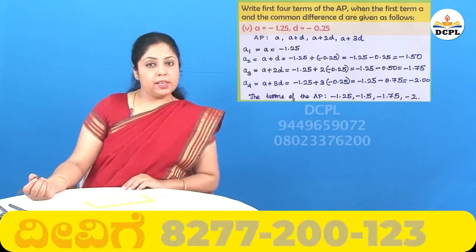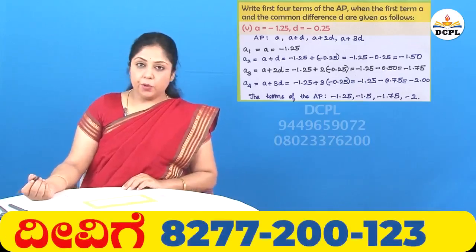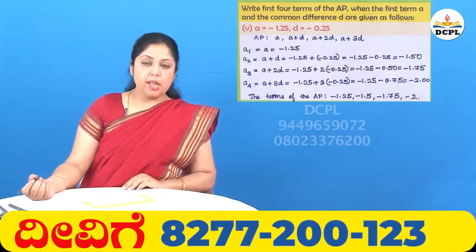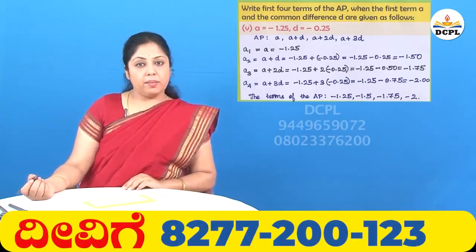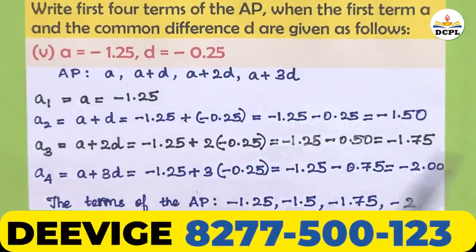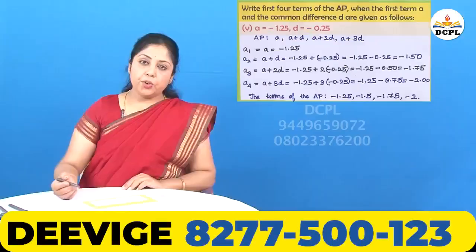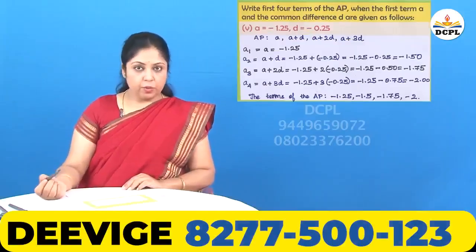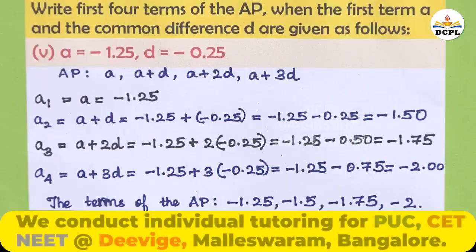So dear students, I think by now you would have understood how to get the arithmetic sequence when the first term and the common difference is given to you. All you need to do is just substitute in the general formula to get that particular sequence. Make a note of this so we can proceed to the next sum.